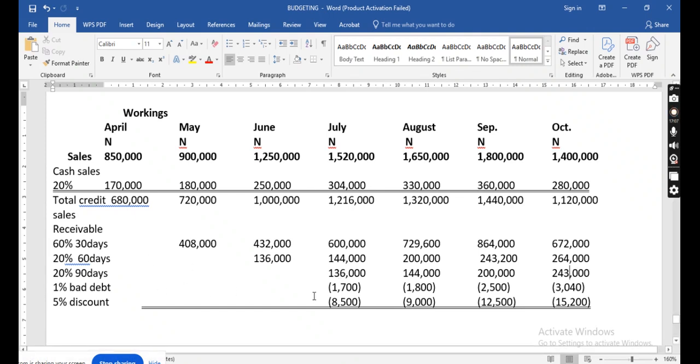So now, class, we charge 1% of each of these and 5% of this.